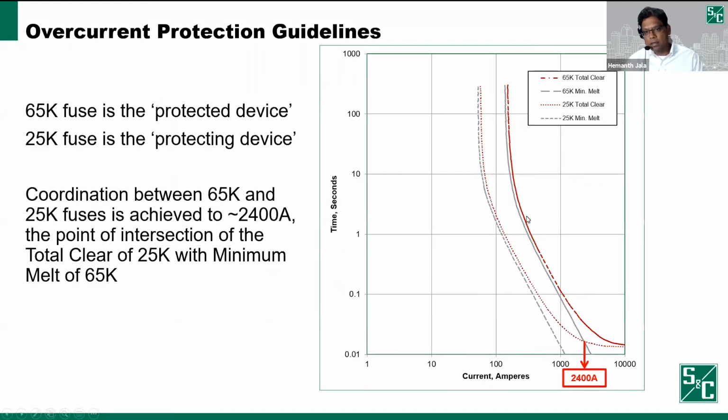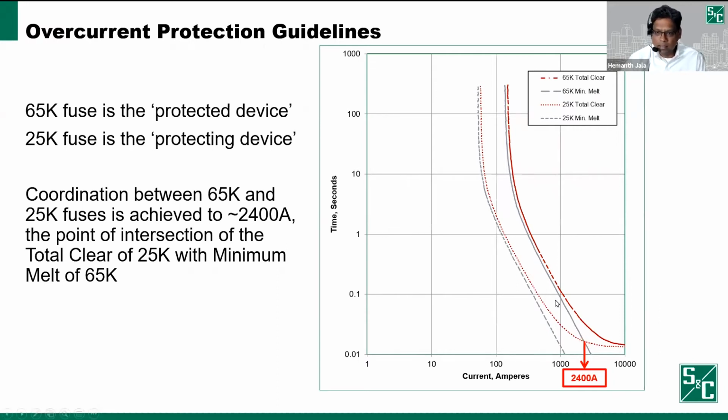When you plot the curves, you will notice that there's some interaction between the 2 curves. You'll notice that the 25K fuse curve interacts with the 65K fuse at about 2400 amps. What this means is up to 2400 amps of fault current, these 2 devices are coordinated.